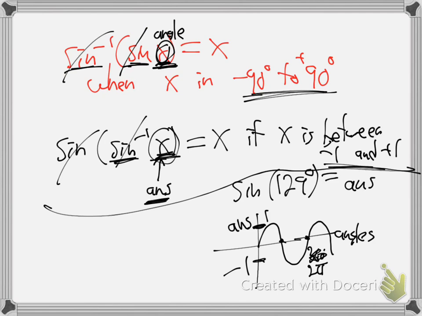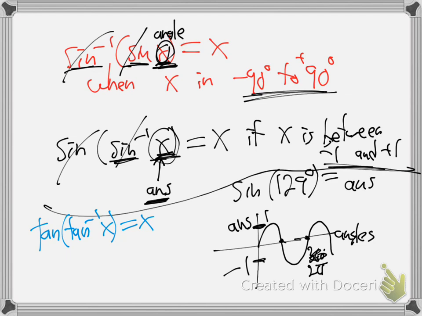Is that making sense? Let me add one more mystery to it. What if I asked you tangent inverse of tangent of x, would that just equal x? Sure, as long as x is in the zone. What's the zone for this x now? Think on your own for a second. Is that x being plugged into tangent inverse?